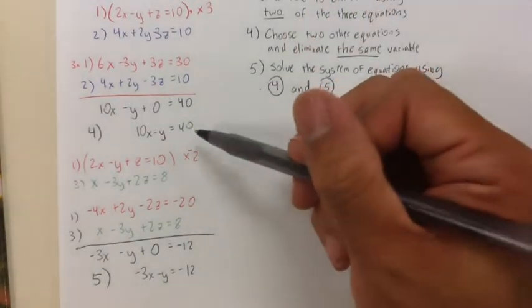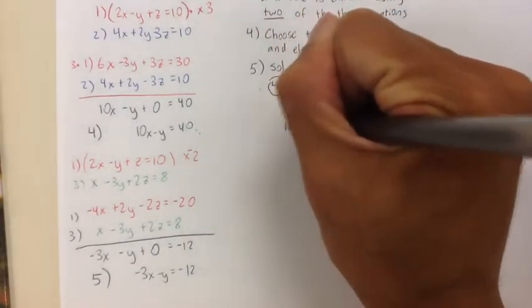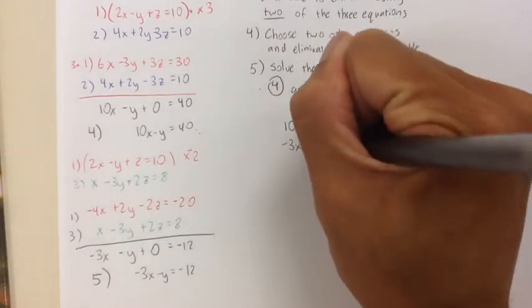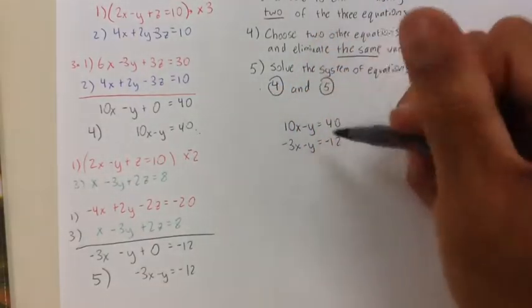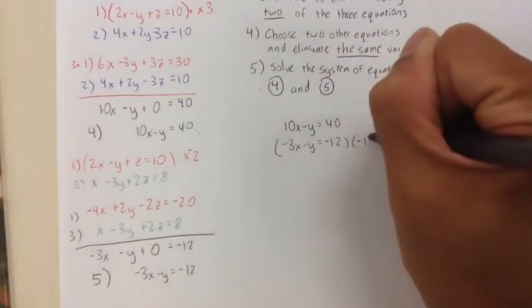Not the steps, but number 4 and number 5 here. So that was 10x minus y equals 40, and negative 3x minus y equals negative 12. Looks like my y's are going to cancel as long as I multiply all of this by a negative 1.